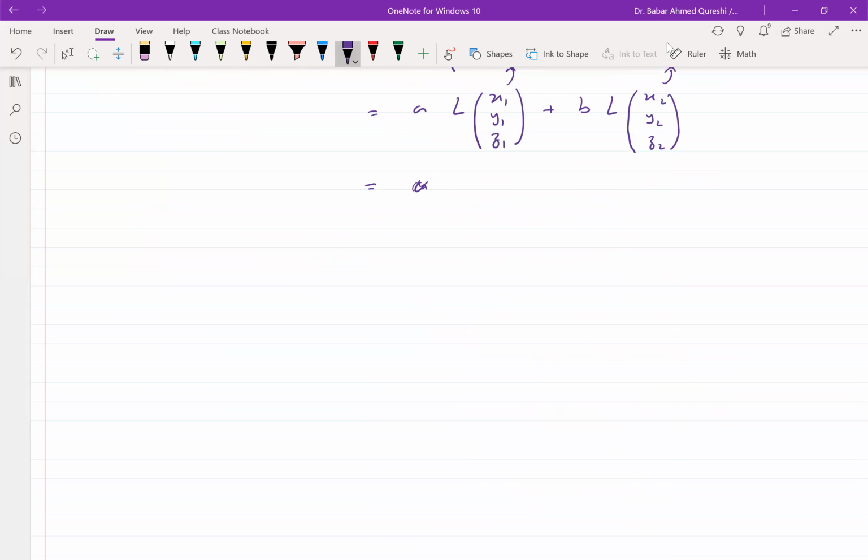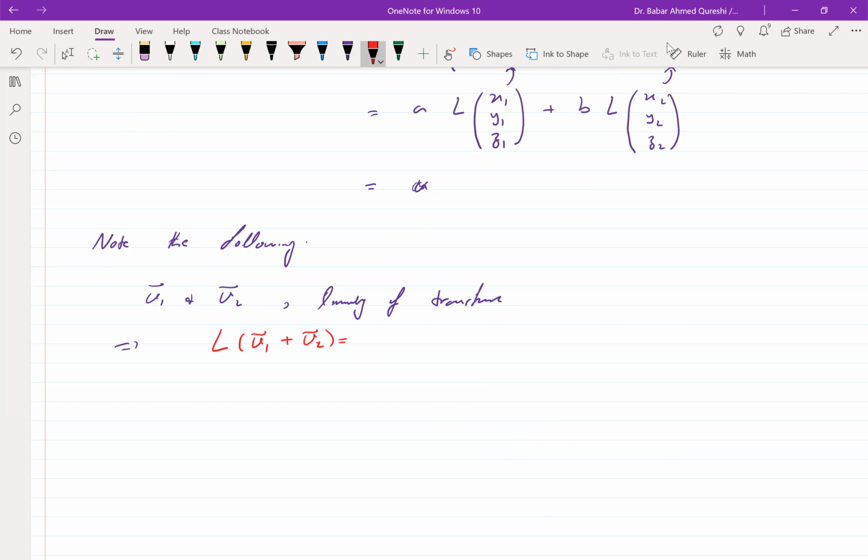Before going to another example, let's note something. Because of this definition of linear transformation, note the following. If I have two vectors v1 and v2, the linearity condition of the transformation implies that if I just add two of them, then it should split.